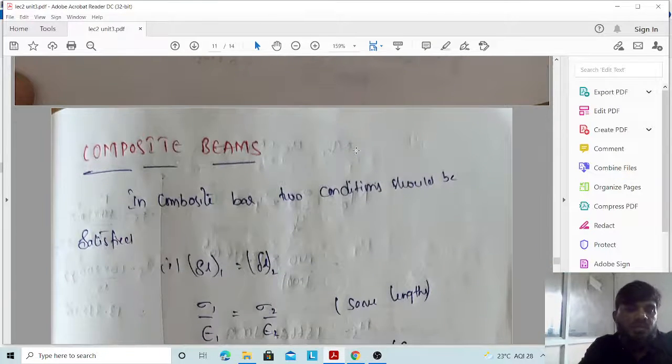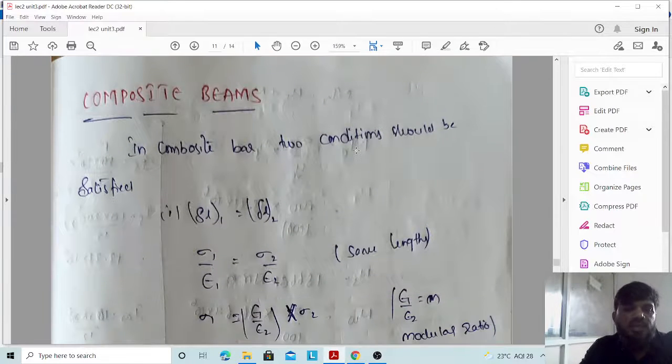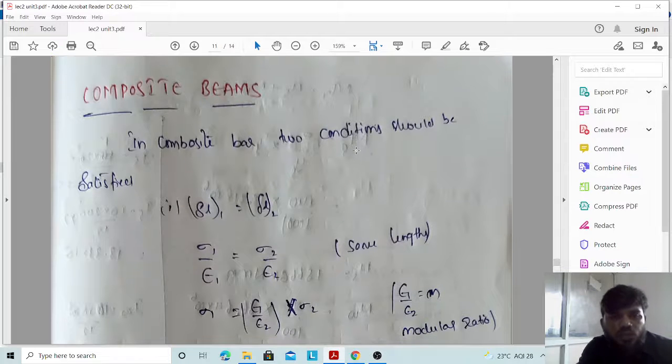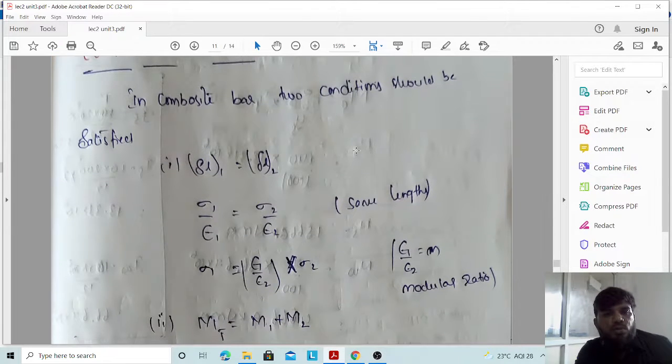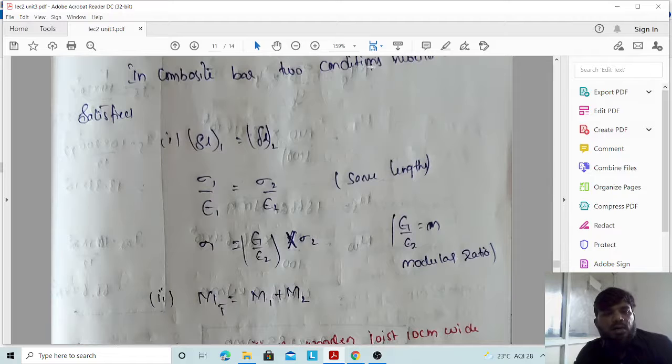We have composite beams. Already I have studied about composite materials. If it is a composite material, the first condition which we have discussed is that the deflection of the rod should be equal in both the beams since it is a composite. Then sigma 1 by E1 is equal to sigma 2 by E2, because if the lengths are the same, then the lengths will be cancelled.